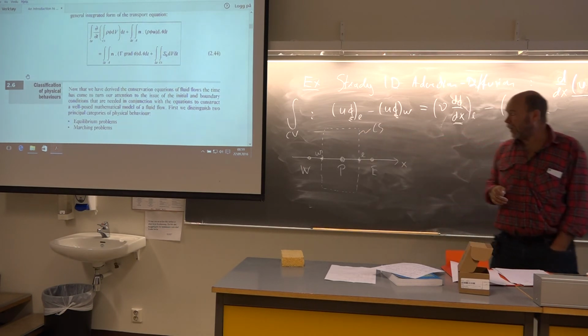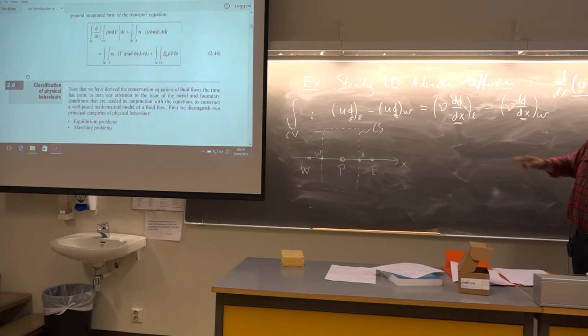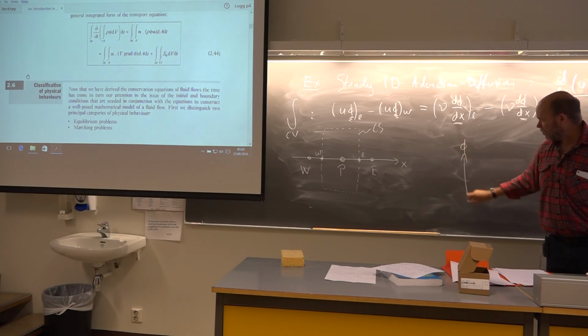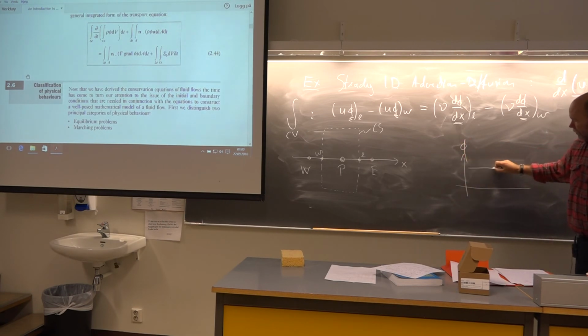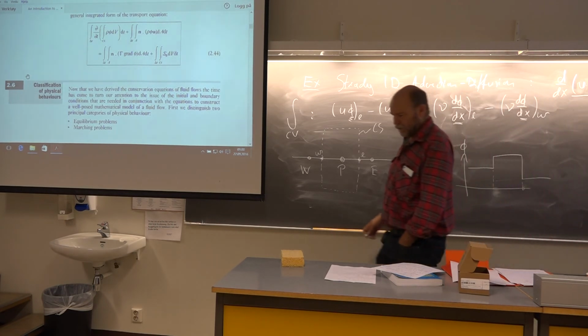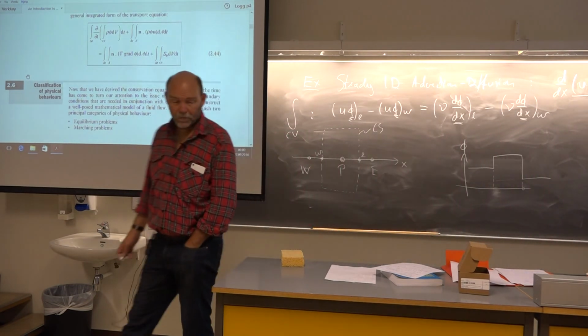It's sort of not defined. Not to mention these derivatives. So if the phi varies like this, depending on which volume you are inside, then you can't really tell neither the value or the derivative on the surfaces. So phi equals constant inside the volume doesn't really work.